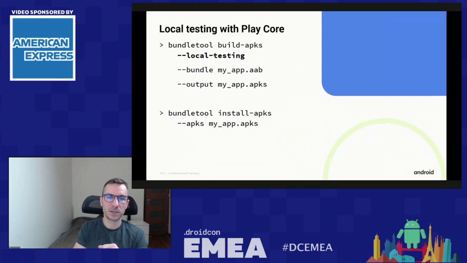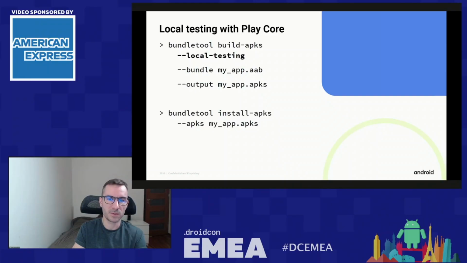And PlayCore also has one interesting feature, making development and testing, especially with on-demand modules and asset packs, a lot faster and easier. It supports something called the local testing mode when used in conjunction with bundle tool. As of now, this is unfortunately only supported on the command line. And again, that's maybe why many people don't know about this. But the idea is you build an APK set from a bundle, passing in the local testing mode, and this is super important.